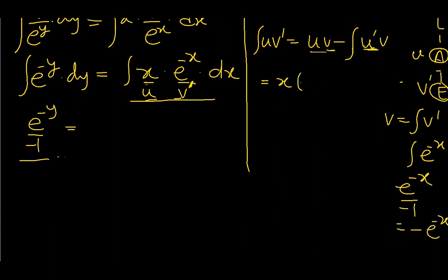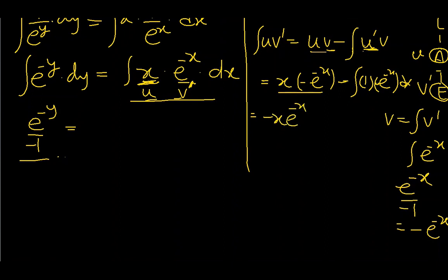All right, minus e to the power minus x minus u prime, which will be the differentiation of u, x, so it is just 1, times v, which we just found, minus e to the power minus x, dx. Okay, so minus x e to the power minus x, that's what we can write.